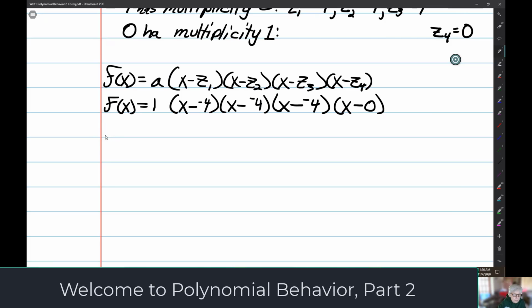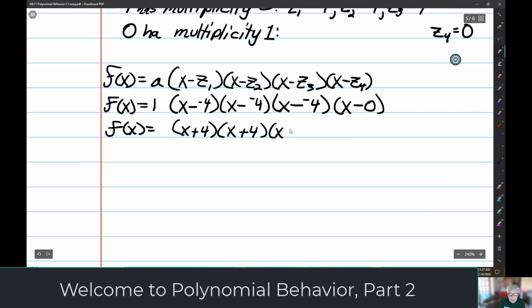Okay. So f of x equals 1 times all this, which will be x plus 4 times x plus 4 times x plus 4 times x. Because what is x minus 0? It's x.